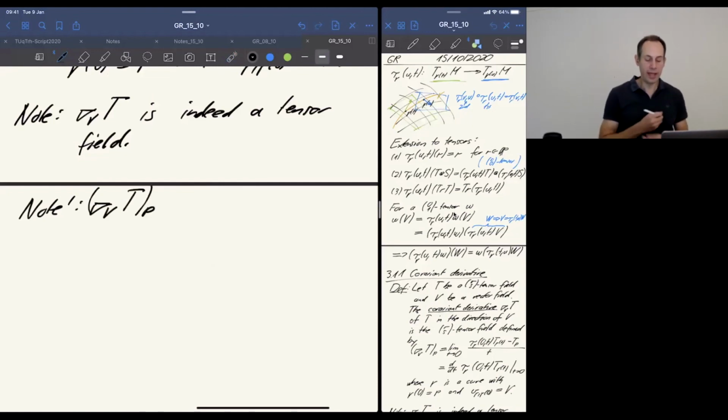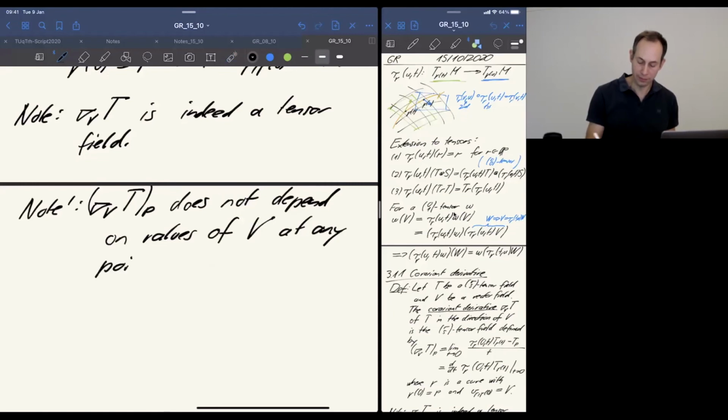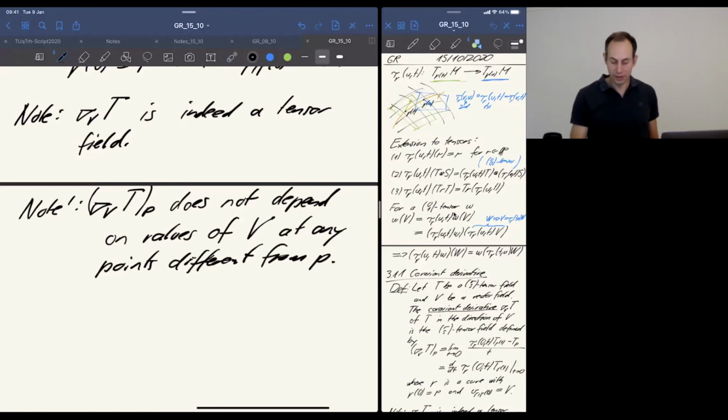Namely, if I now take the covariant derivative and evaluate it at one point, then the claim is this is again a tensor, but this new tensor does not depend on values of v at any point different from p. So what do I mean by that?